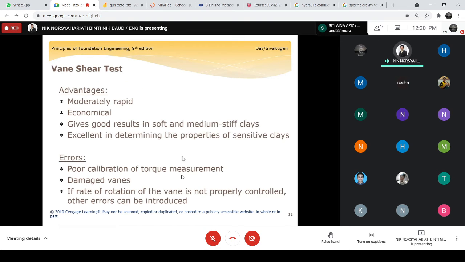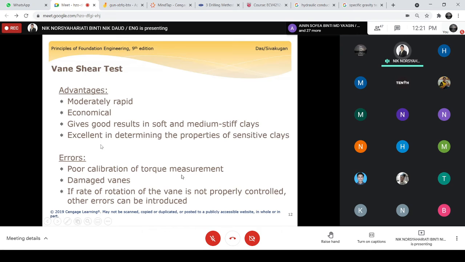Okay, so the vane shear test has a few advantages. First, you can make sure the rotation is good enough for your site. Then the most important part for the contractor is that it is the most economical, which is on the budget side, right?